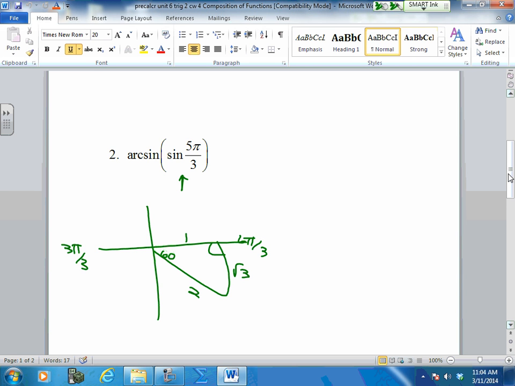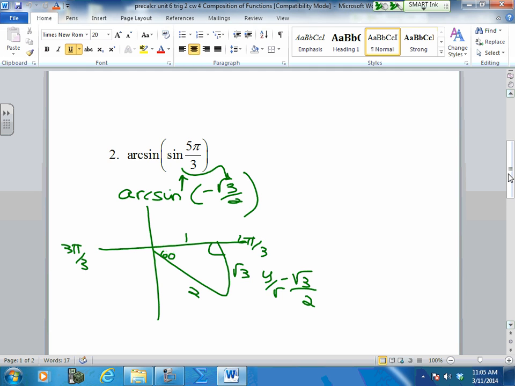And what is the sine of this angle? Sine is y over r. So negative radical 3 over 2. So now I'm going to say arc sine of negative radical 3 over 2. I'm replacing this with what we found, your sine of 5 pi over 3.